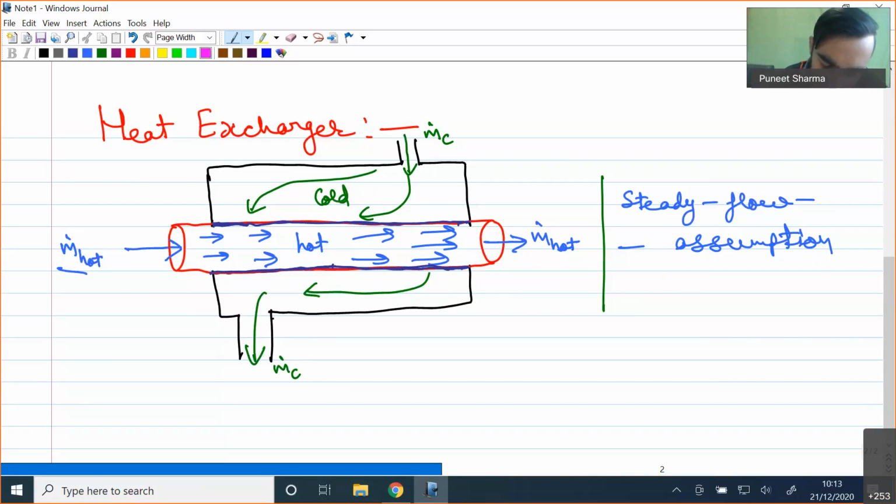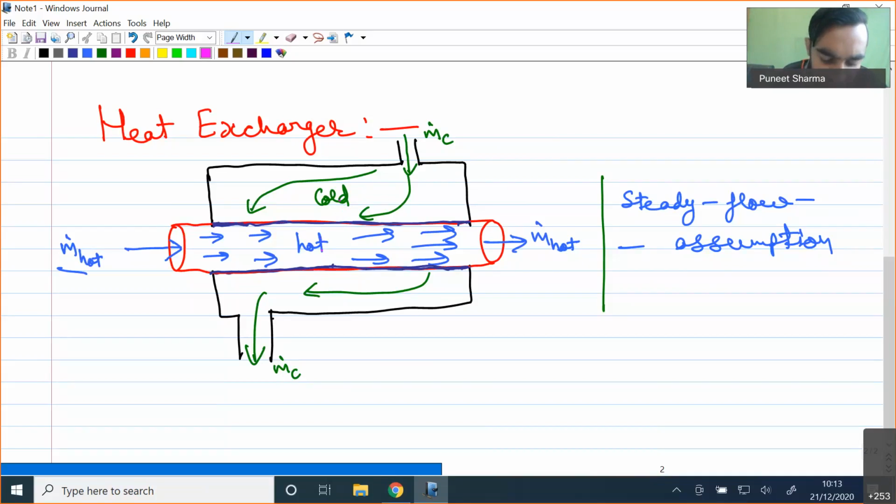Okay, but ultimately what is happening is my hot stream is interacting with this cold stream in terms of energy interaction. In particular, we are already saying that we have one as hot, one as cold, so it means we will have some temperature gradient between the two.